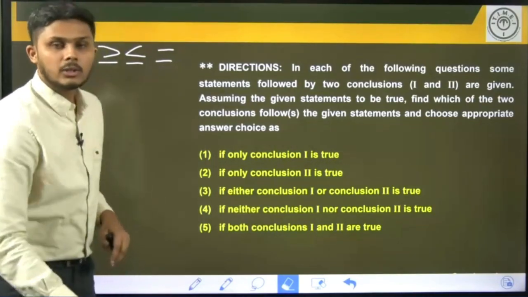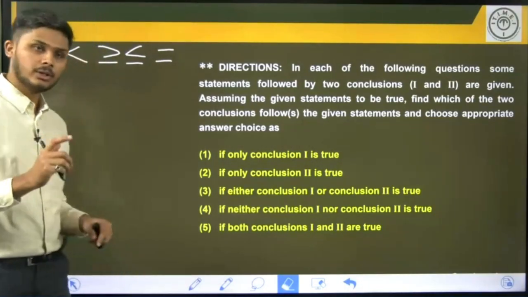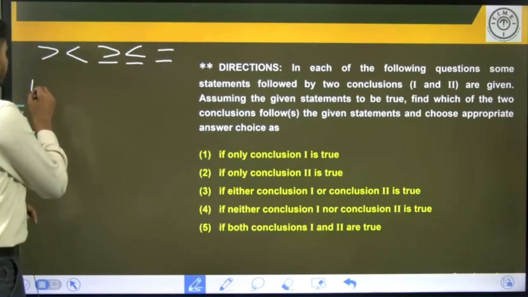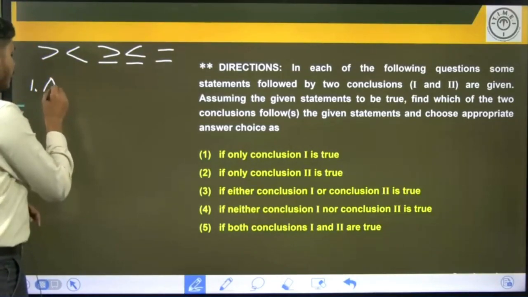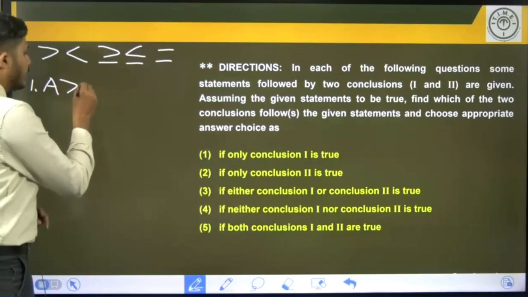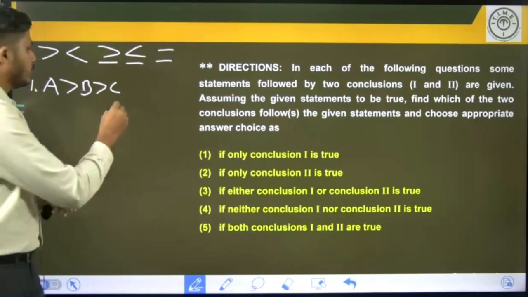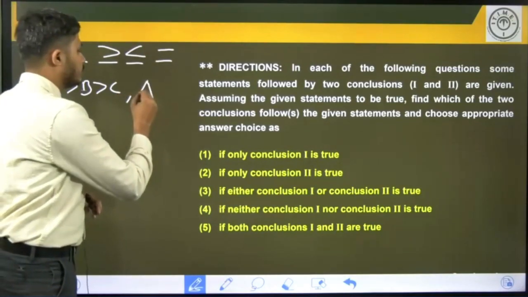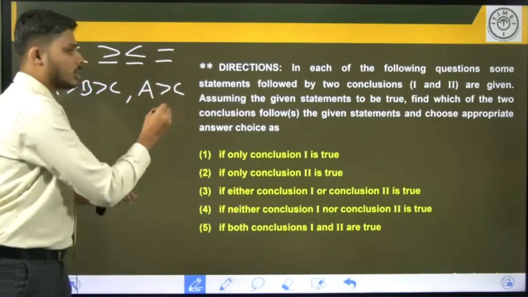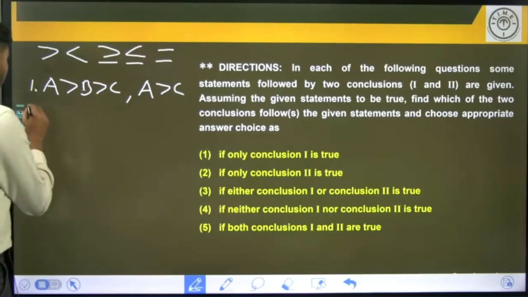So let's revise the three shortcuts. The first shortcut: A greater than B and B greater than C. If the symbols are the same, the end result will be the same.